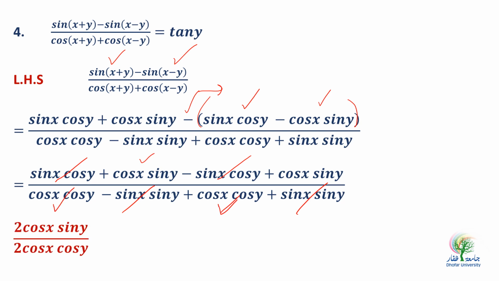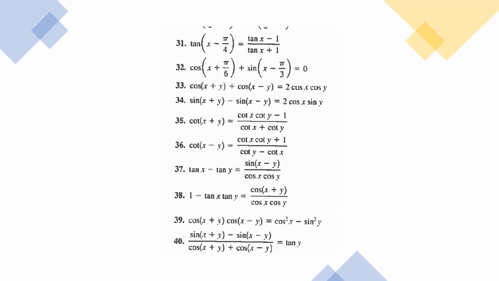So we will write 2 cosine x sine y and 2 cosine x cosine y. The 2 finishes, cosine x finishes, sine y by cosine y becomes tangent y. Yes, and it is proved. These are some more questions for practice.